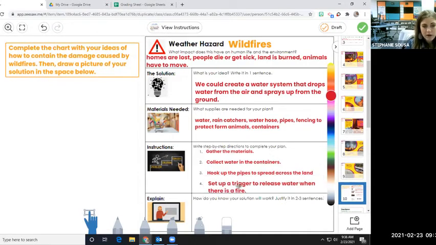Okay, we talked about an alarm or a trigger that's going to know when there is a fire, and then that's what will turn on those sprinkler systems. So we can set up a trigger to release water when there is a fire.